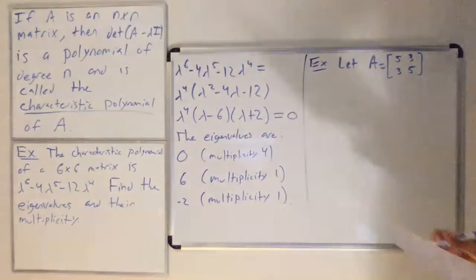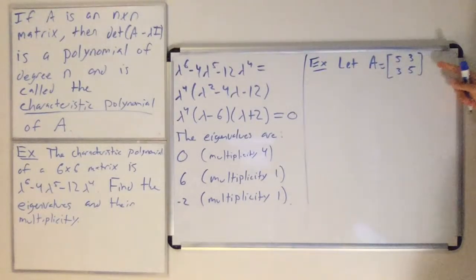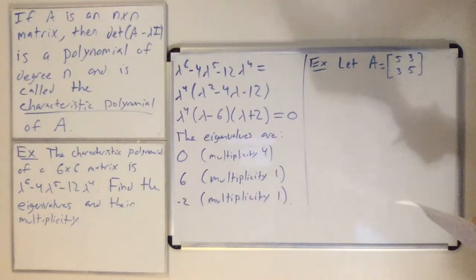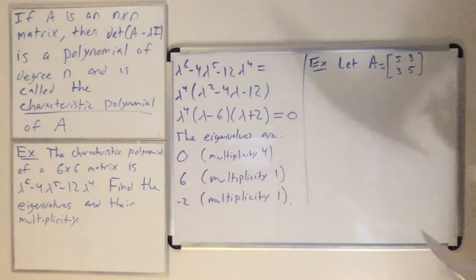So we'll let A be the 2 by 2 matrix, 5, 3, 3, 5. And what we want to do is find the characteristic polynomial and then find the eigenvalues.